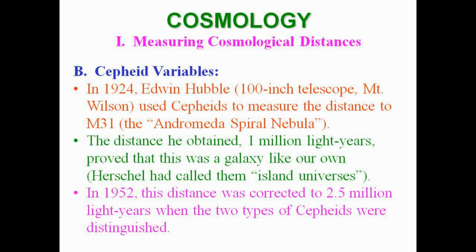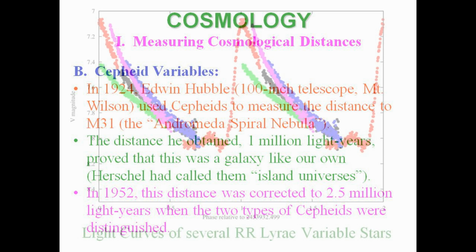So that was a major breakthrough. But then when it was discovered that there were two different kinds of Cepheid variables and they were using the wrong calibration curve for this, overnight all the distances more than doubled, and now we know that the Andromeda galaxy is more like 2.5 million light years away.